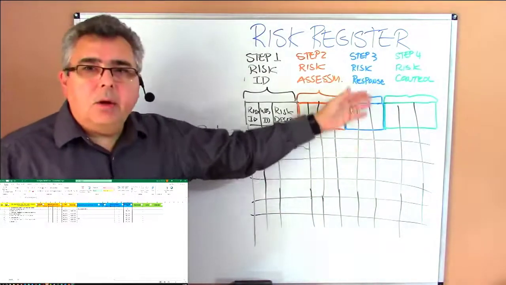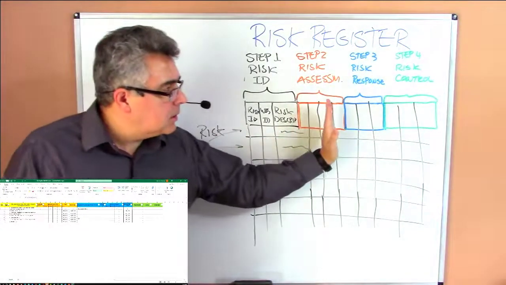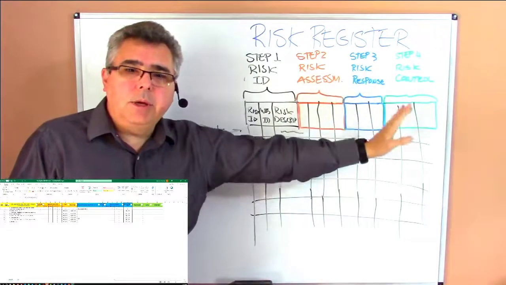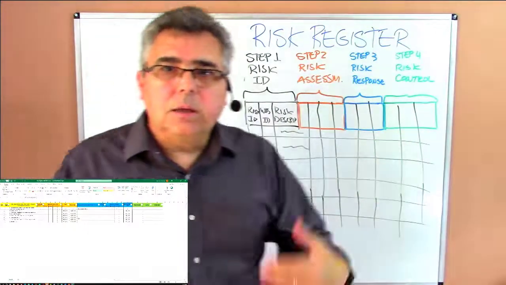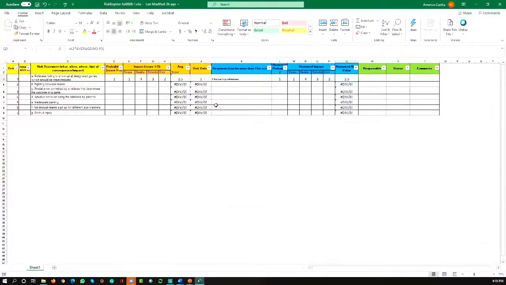And then I always include the type of response that I'll be doing for that risk. But let's keep the blue and green until after the exercise that we'll be doing now.